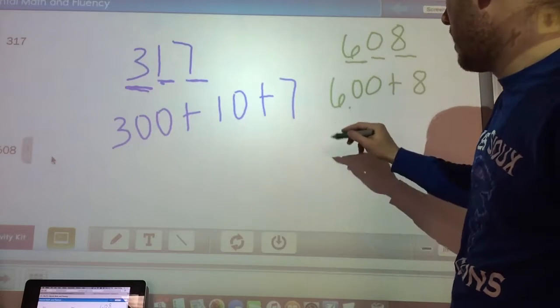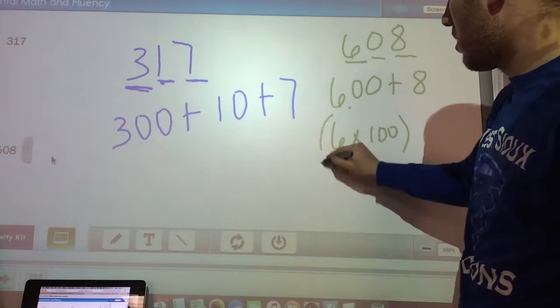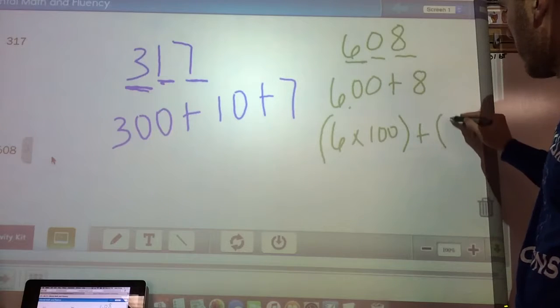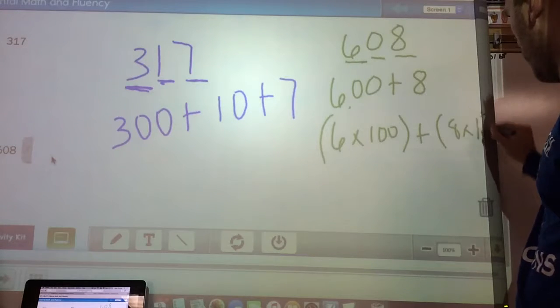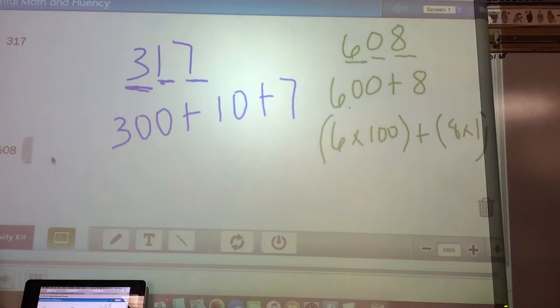Another way we could write it is 6 times 100 with our grouping symbols plus 8 times 1 with our grouping symbols. That is another way that you could write 600 plus 8.